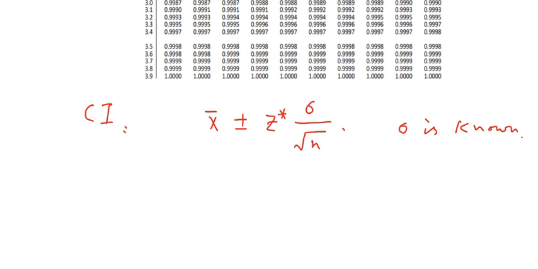So if sigma is unknown, we just replace sigma by s. This s is the sample standard deviation, right? So it seems we can use this formula, x bar plus minus z star, and we simply replace sigma by s, okay?